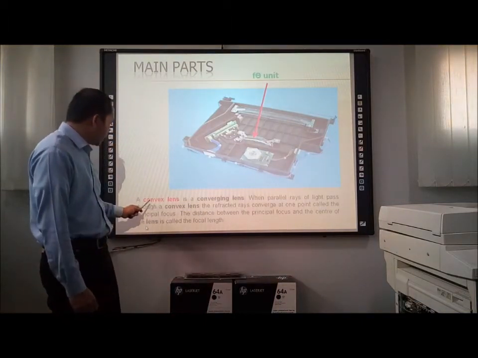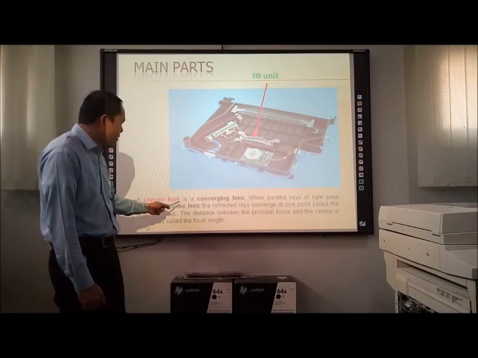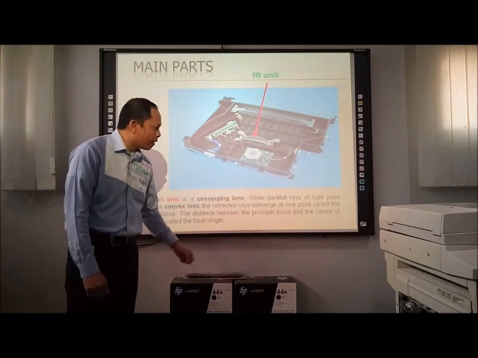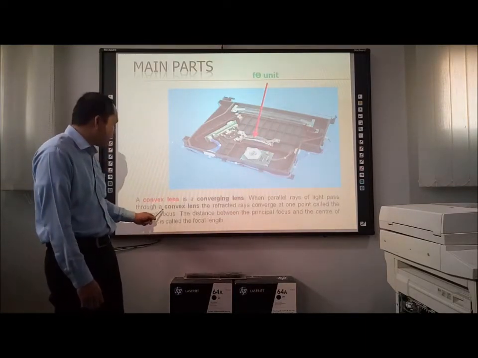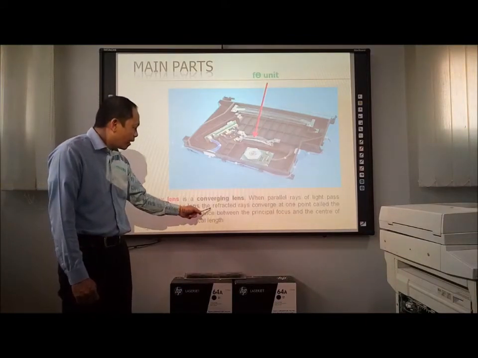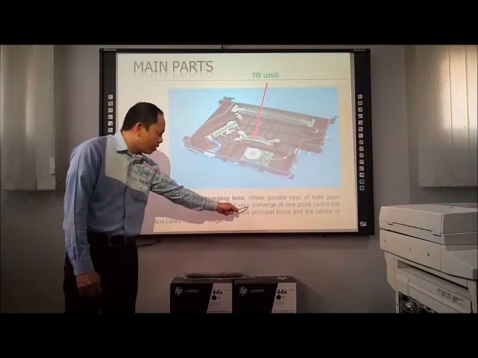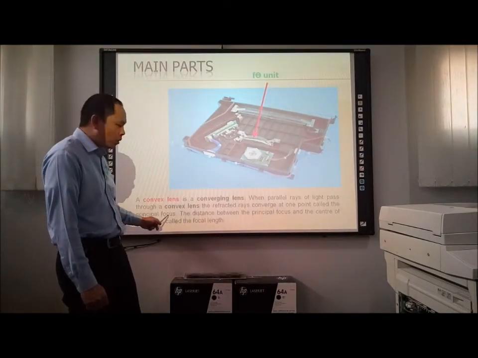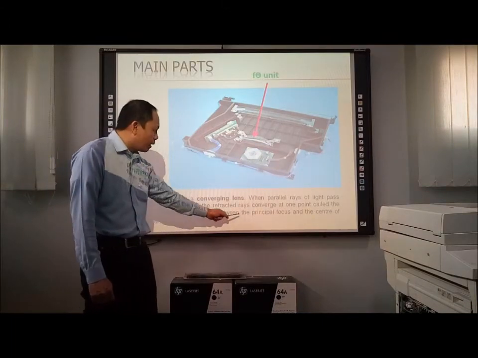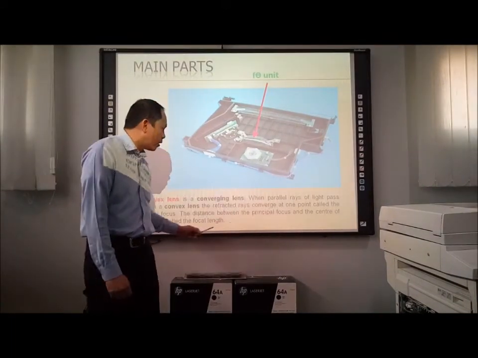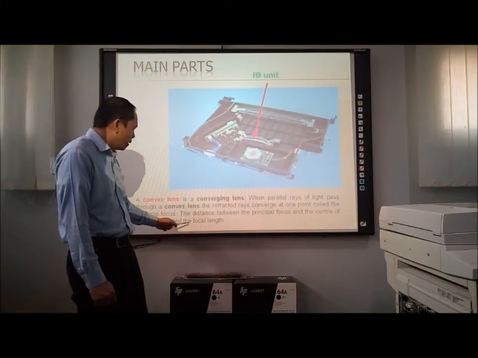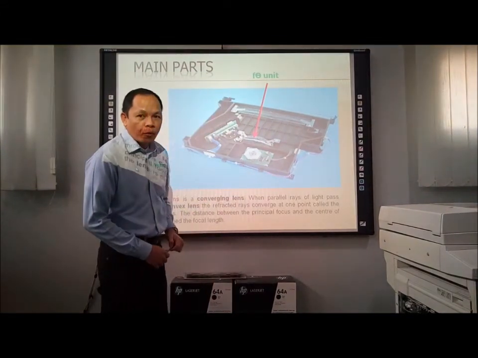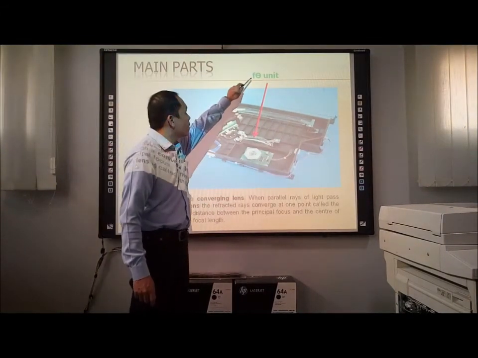A convex lens is a converging lens. When parallel rays of light pass through a convex lens, the refracted rays converge at one point called the principal focus. The distance between the principal focus and the center of the lens is called the focal length. F means focal. Remember, guys, F means focal.